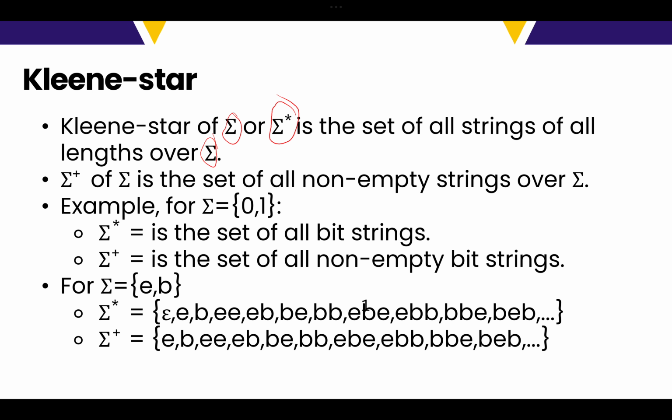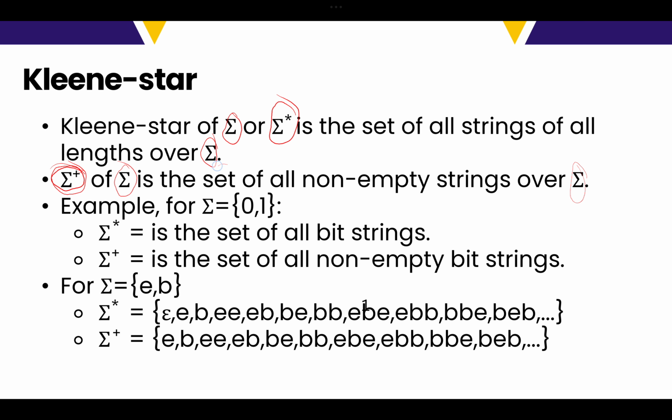Okay. So, unsa man na siya? While this positive closure of an alphabet. So, kani siya pagbasahan is positive closure of the alphabet sigma is the set of all non-empty strings over sigma.